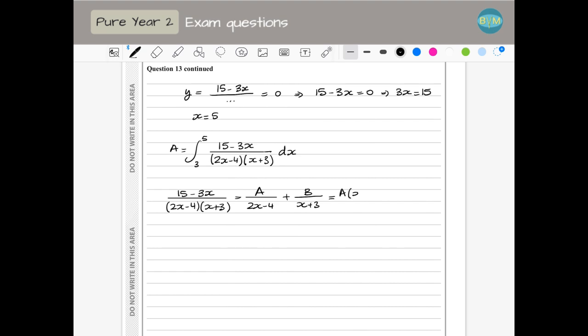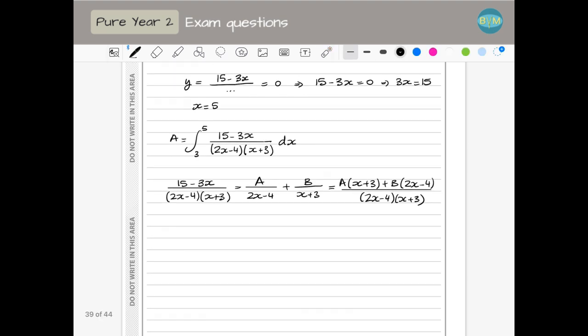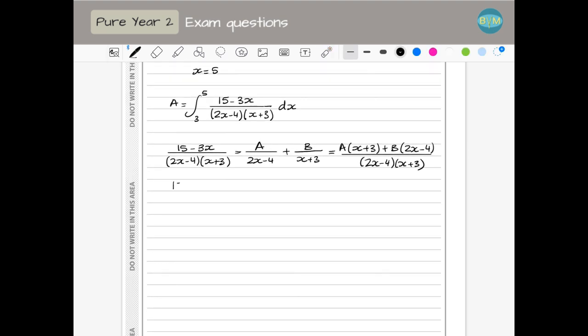So this is going to be A multiplied by x plus 3, just adding the algebraic fractions, and B multiplied by 2x minus 4, all divided by the product, 2x minus 4, x plus 3. If we compare this with the original, denominators are the same, so numerators must be the same, and that's how we are going to find A and B.